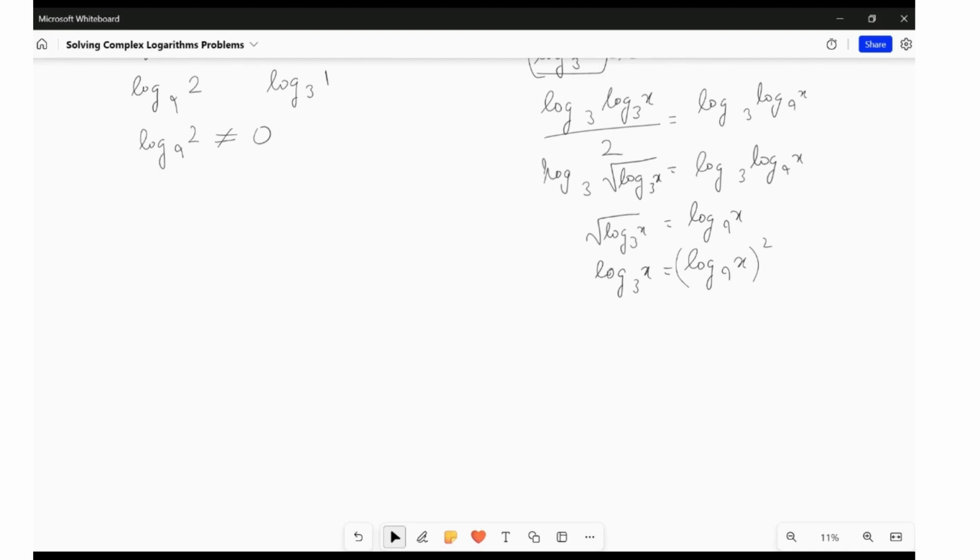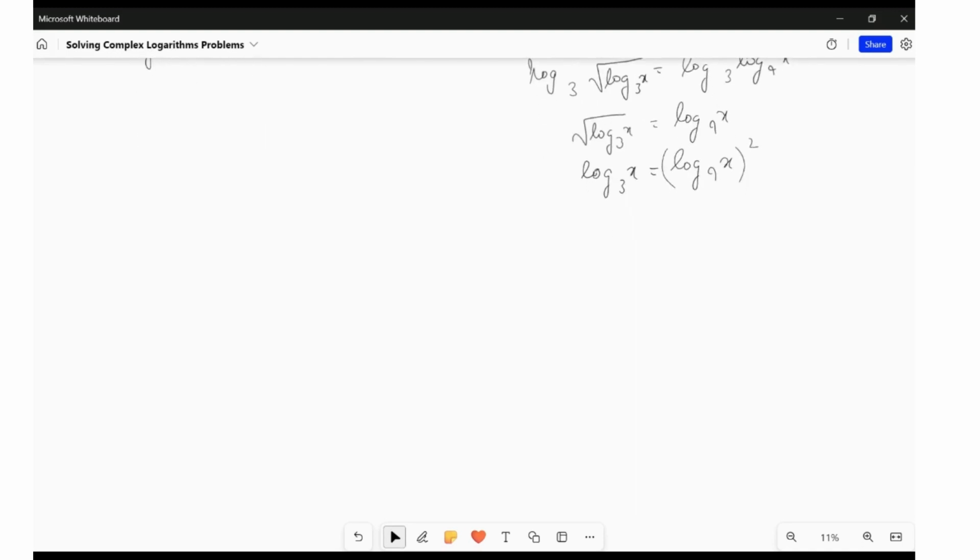Now we again need to make the bases equal. So in this we can write log x base 9 as log x base 3 by log 9 base 3, which is again 2. So log x base 3 is equal to log x base 3 whole square by 2 square, which is 4.